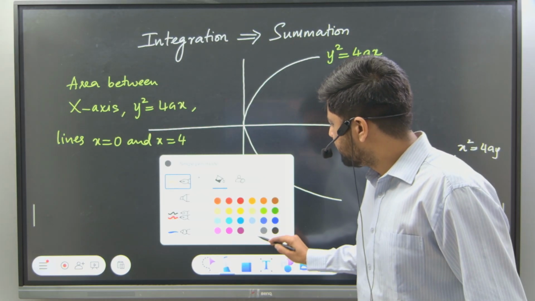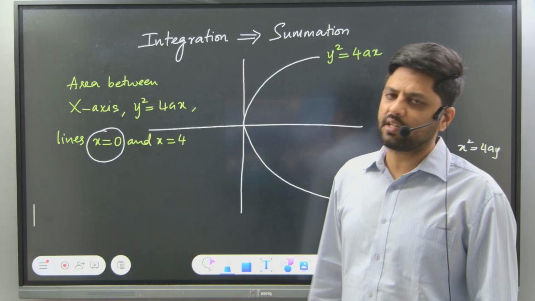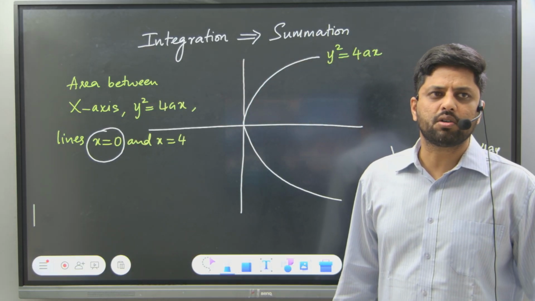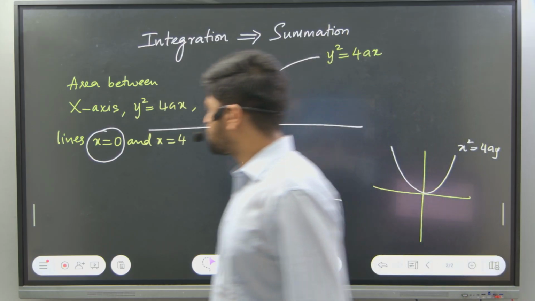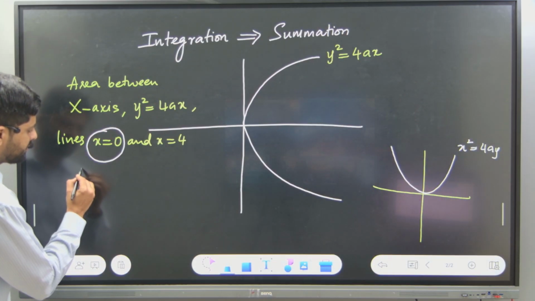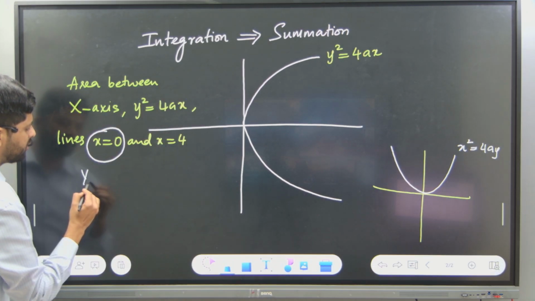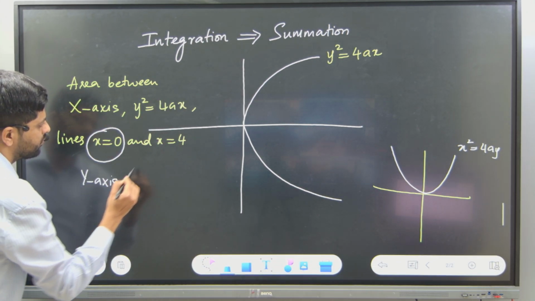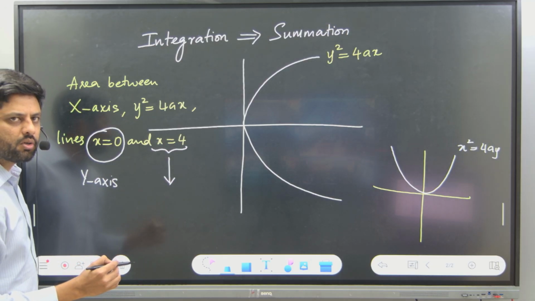Now, which is the line x is equal to 0? I remember discussing all this in one of the classes. X is equal to 0 is which line? Can anyone tell me? Very good. Y-axis. X is equal to 0 means y-axis. What about x is equal to 4? What can you tell about this line? X is equal to a.